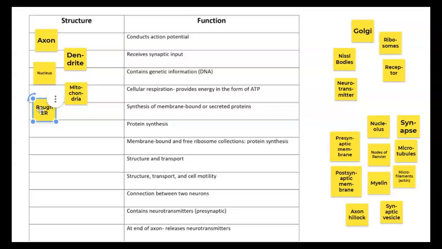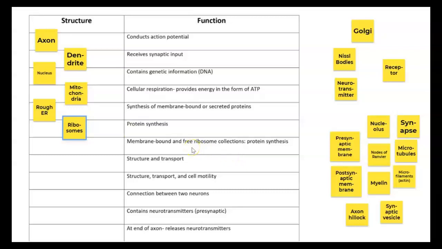But for our purposes, what we really need to focus on are those membrane-bound proteins because we're going to be talking about a lot of them. And then just in general protein synthesis, that is the ribosomes. So the ribosomes make the proteins. The rough ER makes proteins too because ribosomes are embedded in the rough ER. That's why it looks rough, because it's got the ribosomes and their little dots.